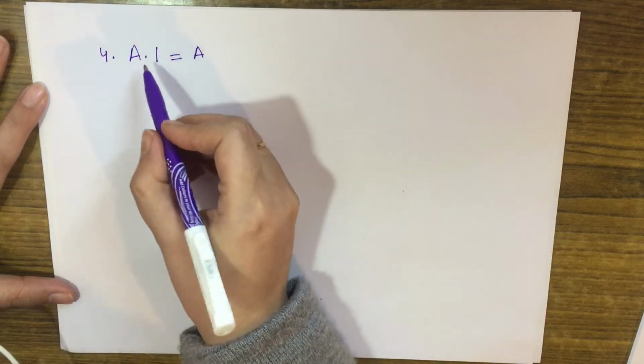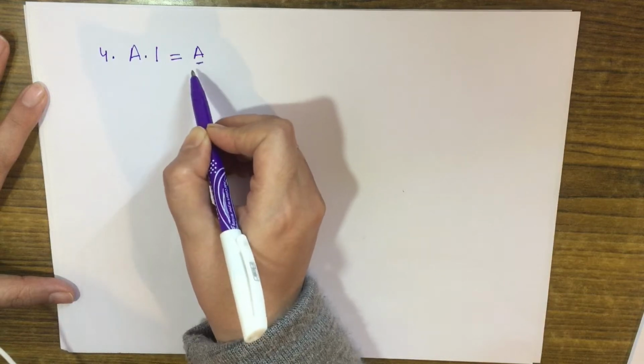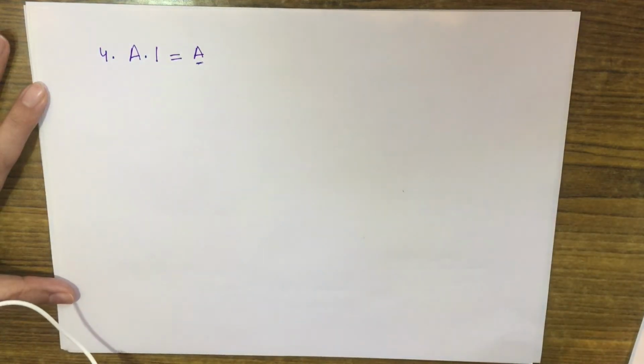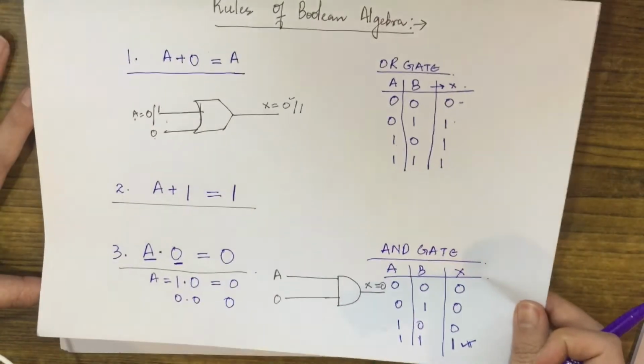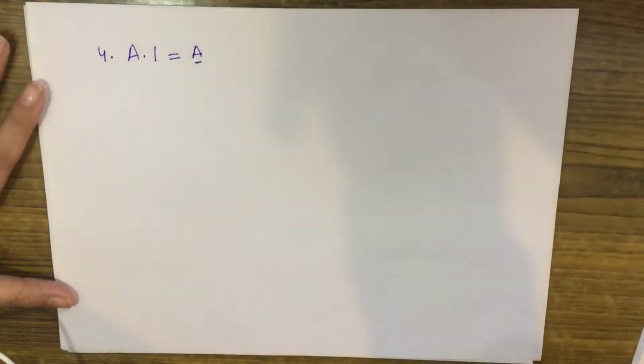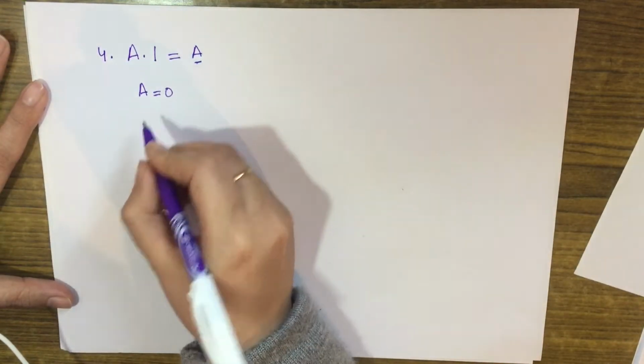That means whatever the input a will be, that will be the output. Again, if you check the truth table of the AND gate, suppose I am setting a as 0.